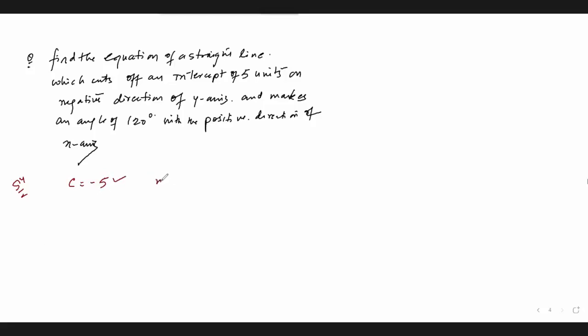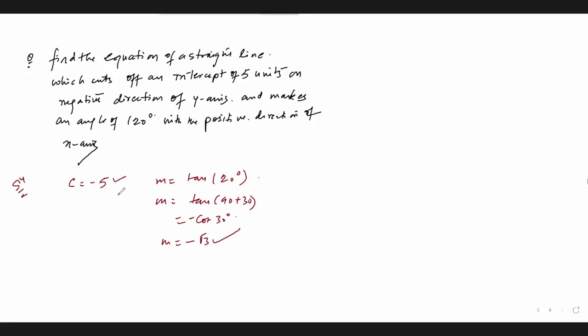And what will be my m? m will be equal to tan of 120 degree. So tan of 120 degree is what? Tan of 90 plus 30 is equal to cot 30, and it is negative. So m is equal to minus cot 30. Cot 30 is root 3.